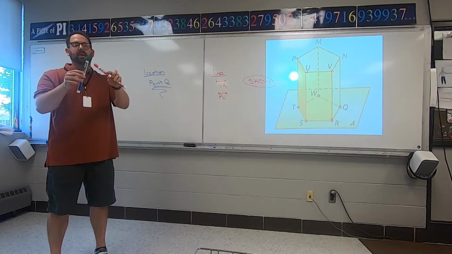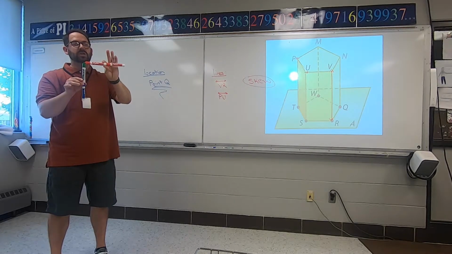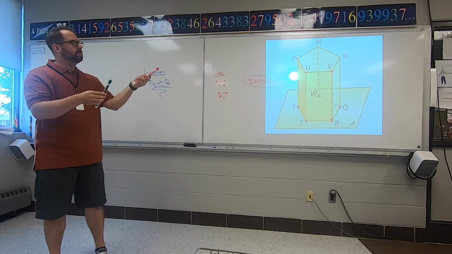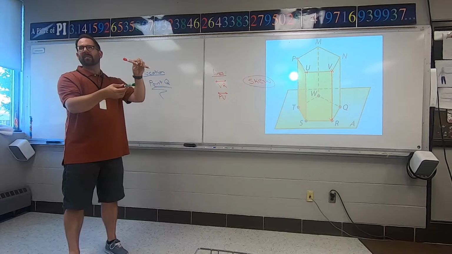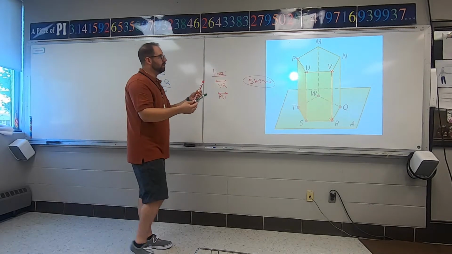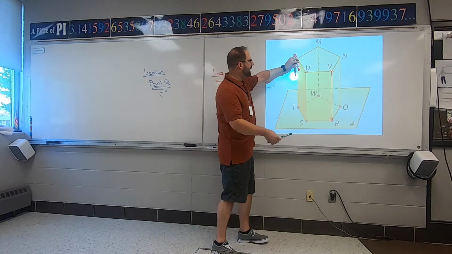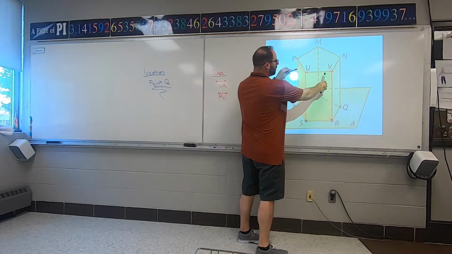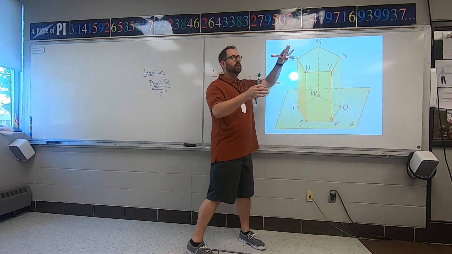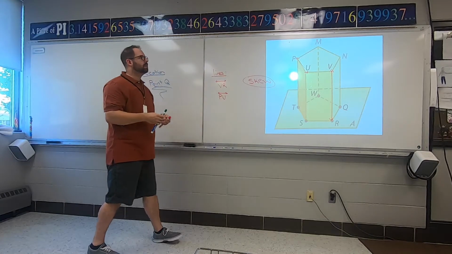They could be intersecting, where they actually physically touch each other, like an intersection on 2 roads, they actually cross. Or it could be skew, where they're not parallel, but they're not intersecting either. They're in different planes, if you think about it. PU's on a different plane than VR. VR is on the front of the building, and PU's on the top of the building. It's the roof line. So they're on 2 different planes.